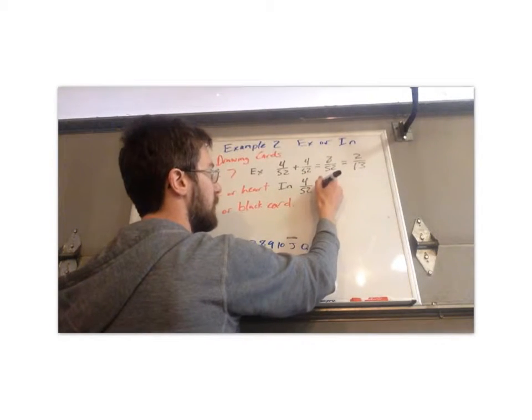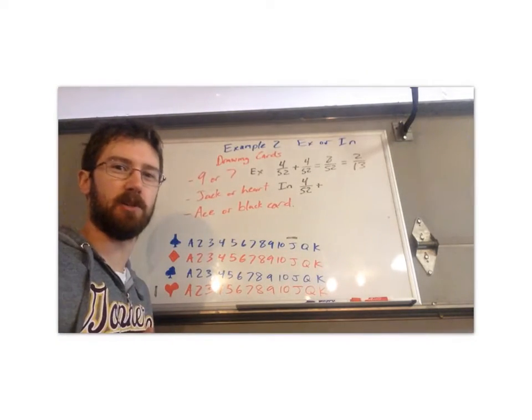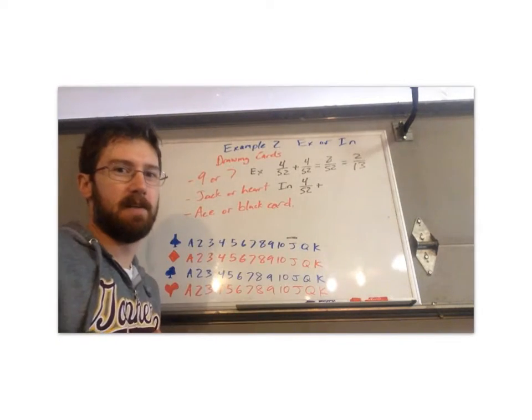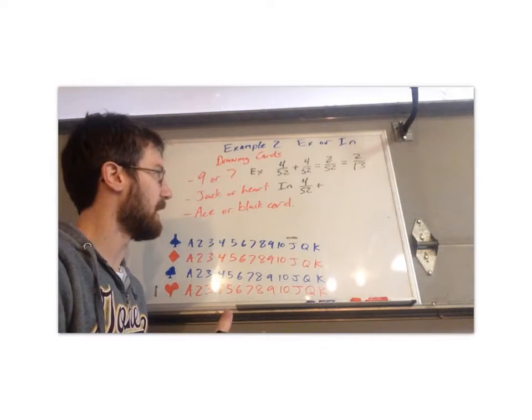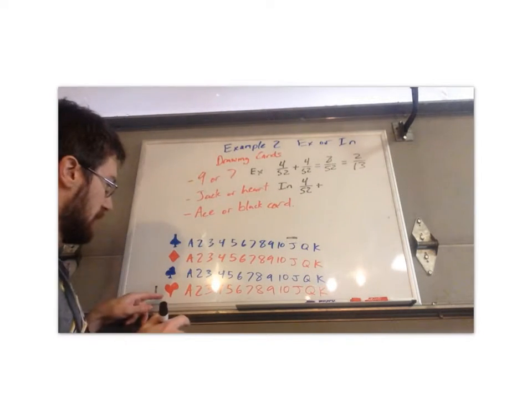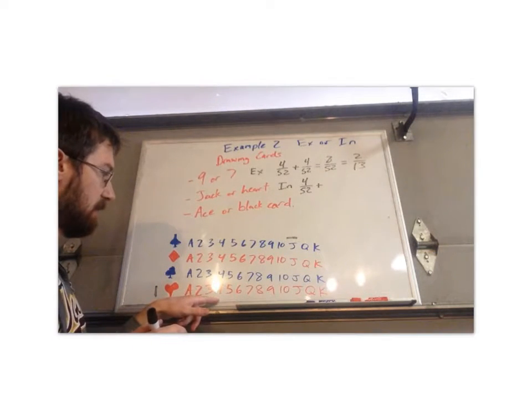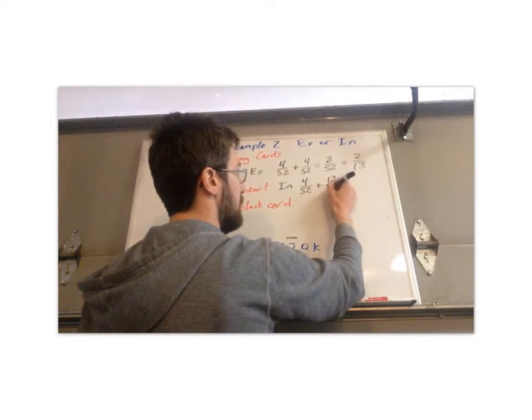And this is really one where keeping it out of 52 is probably going to be a little bit easier than trying to reduce it first, because there's 52 cards in the deck, so no matter what combination I use, I can always keep it over 52 and then reduce at the end. Alright, so then the probability of a heart is there's 13 hearts, so that's 13 out of 52.